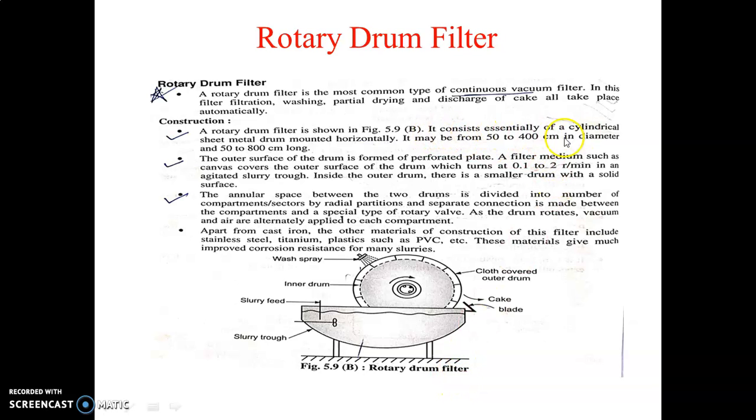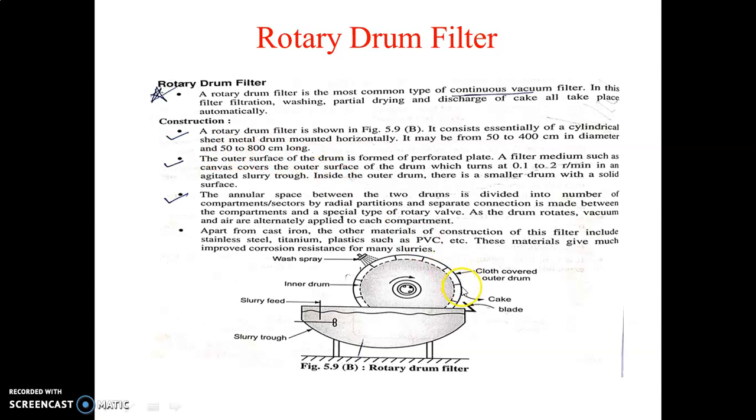It is essentially a cylindrical sheet metal drum. This is a metal drum mounted horizontally. It has a 50 to 400 centimeter diameter, and is 50 to 800 centimeter long.